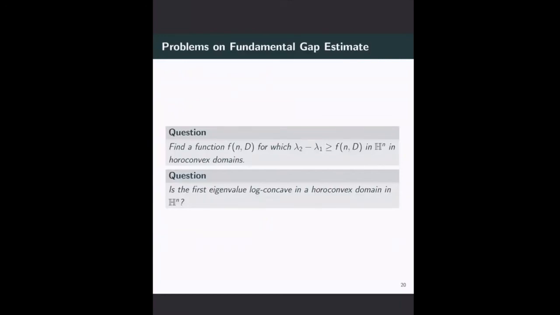Working on this, it looks pretty hard because of horoconvex domains, not sure how to characterize it or write down an equation. This seems to be doable because, as you saw, it's only ODEs, and it's not even that hard of ODEs.